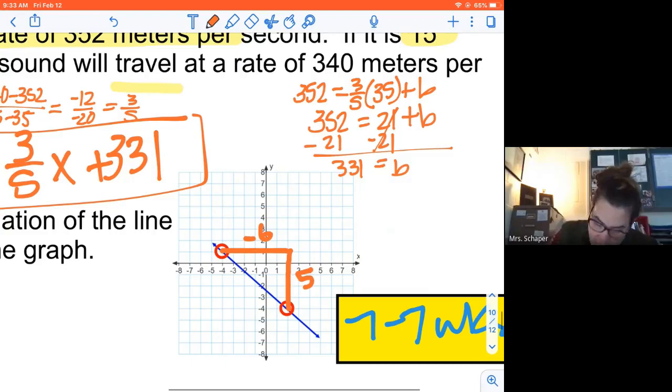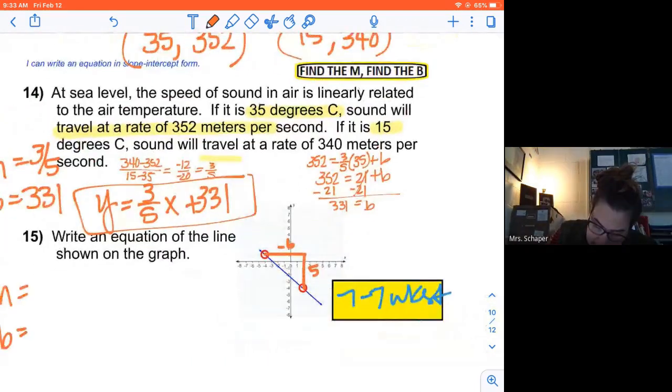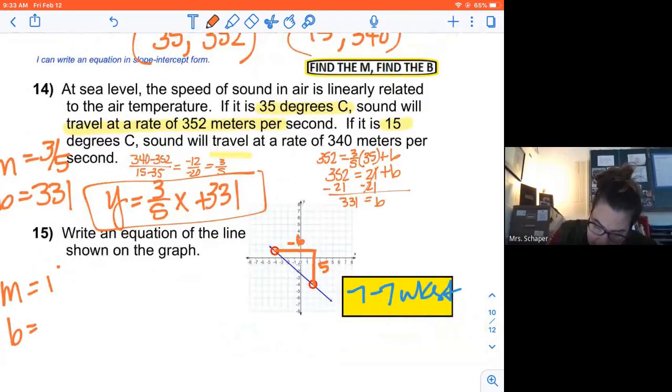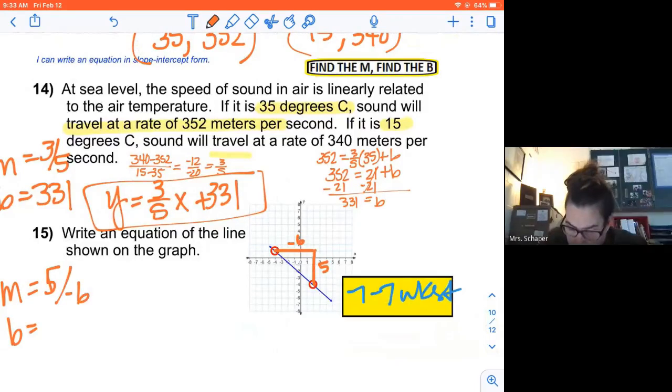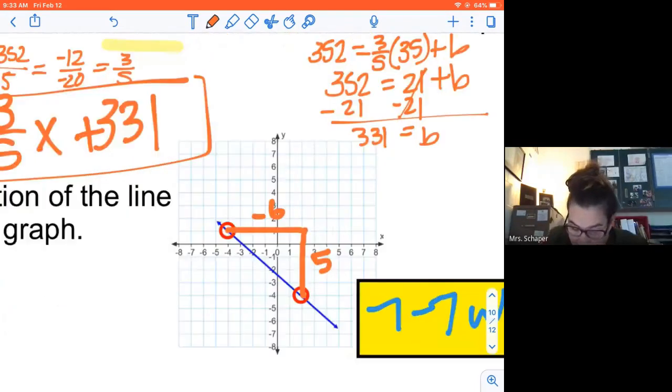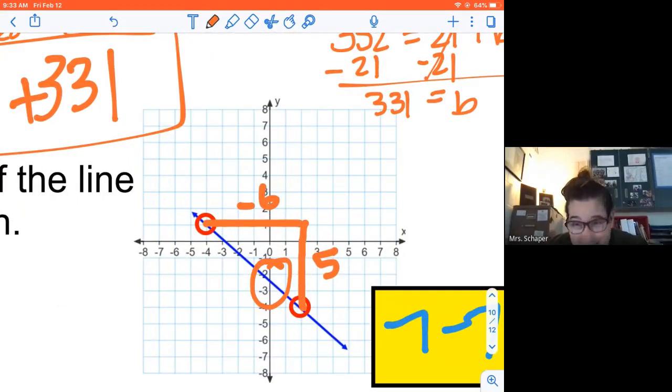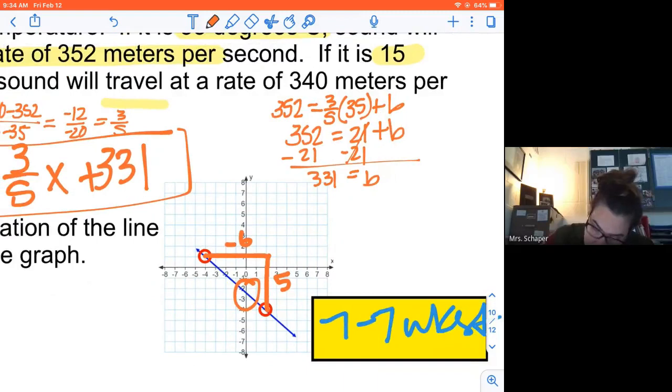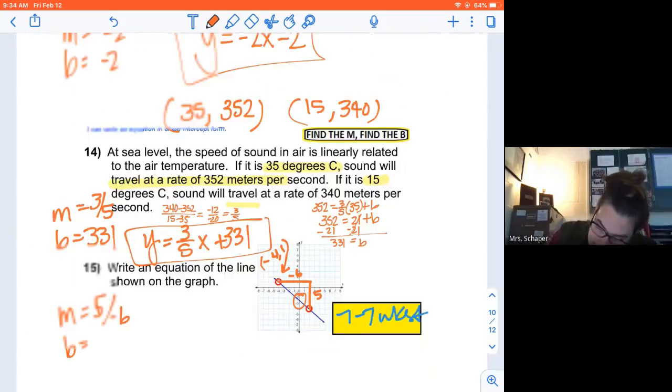So my slope is rise 5, run back 6. And I can't tell where it crosses the y-axis. It's not super clear, so I need to solve for it. So this ordered pair right here is -4, 1.